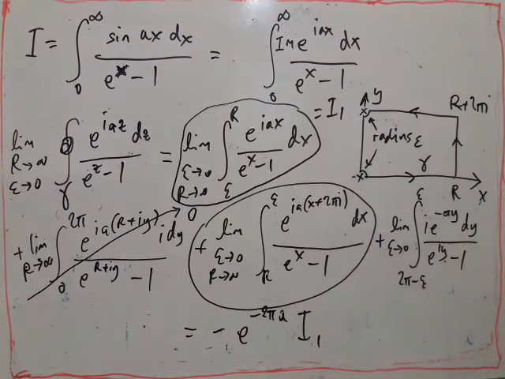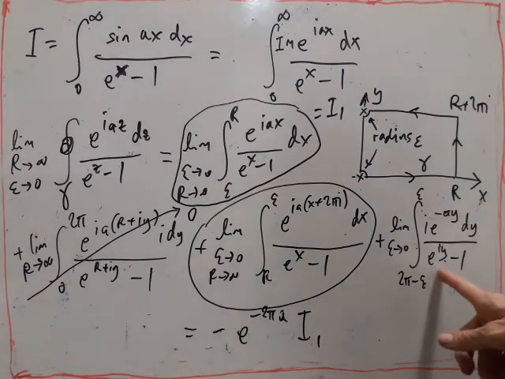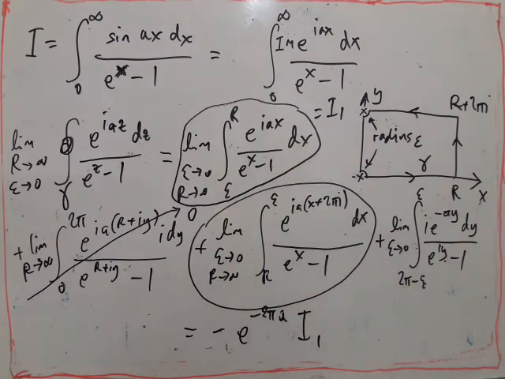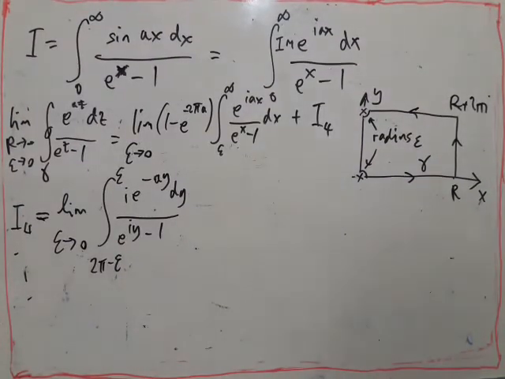So again, this integral doesn't exist. But if you take the imaginary part inside, then we can do something with it. So before we do that, let's simplify this integral. Okay, so after tidying things up a bit.